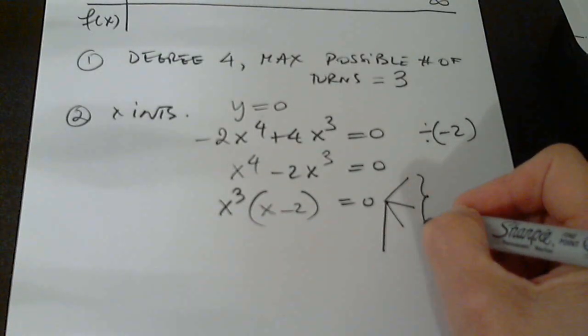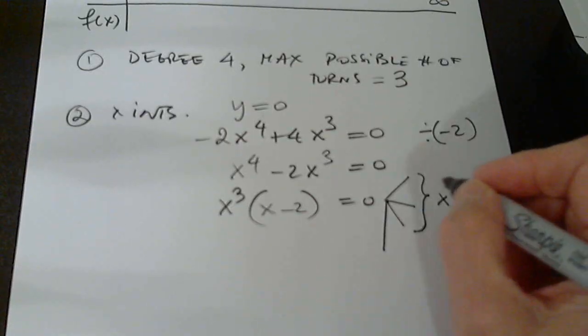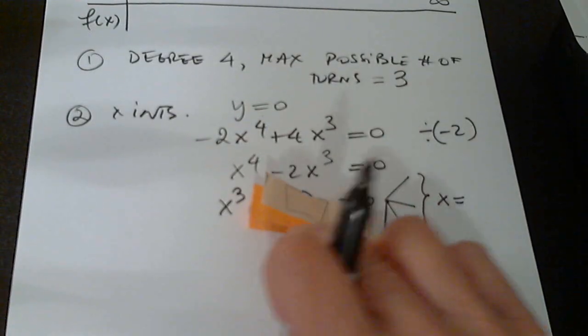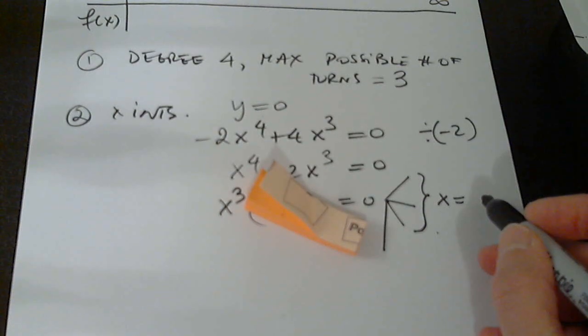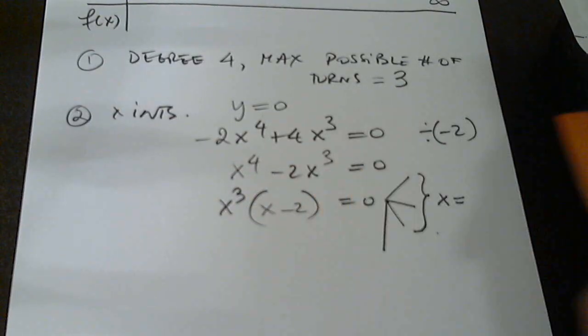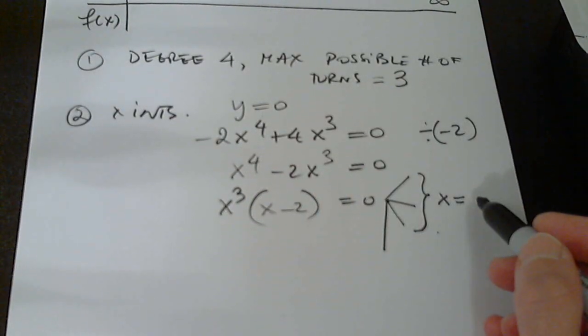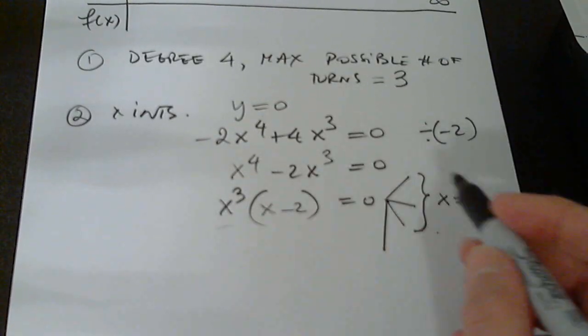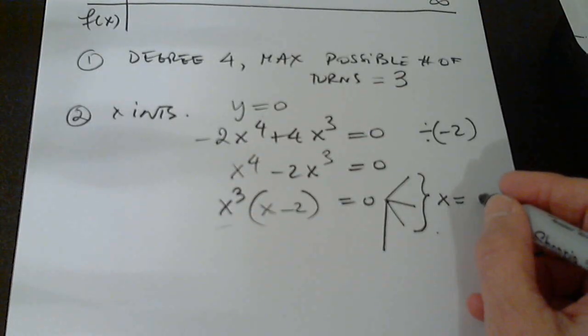Can anyone give us the first 3? All 3 are the same. From here, x equals 2.